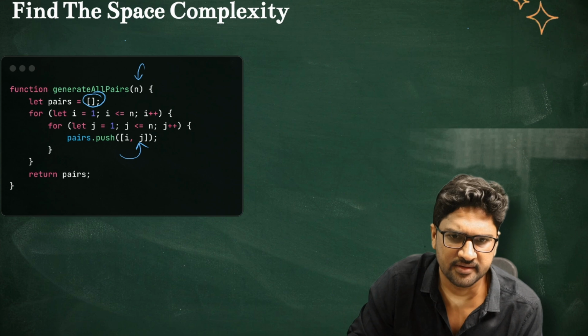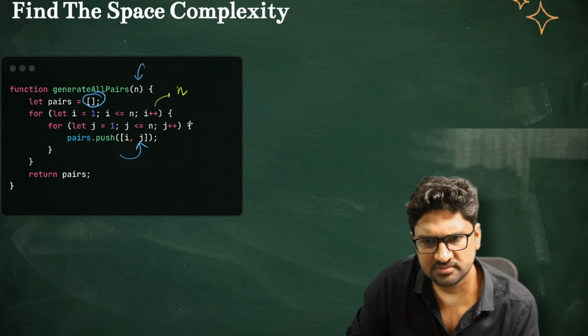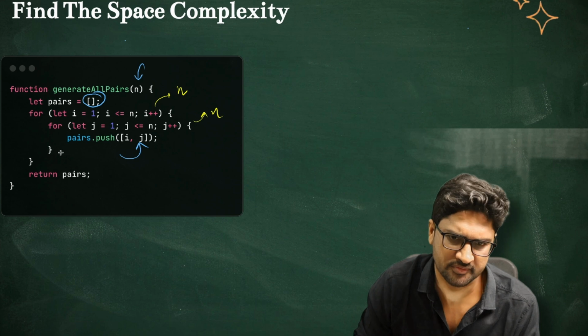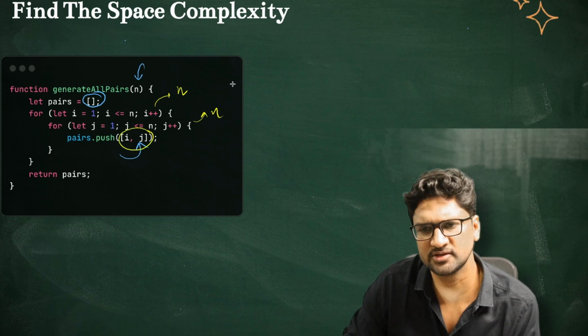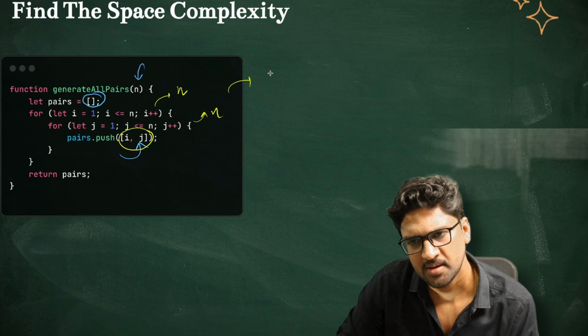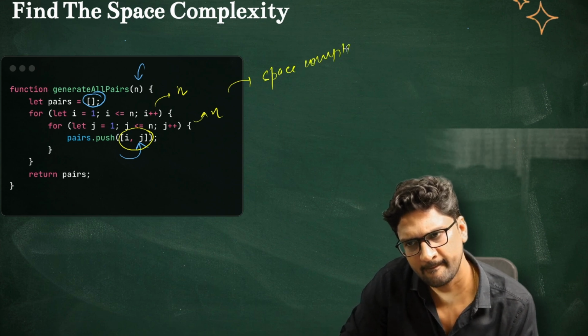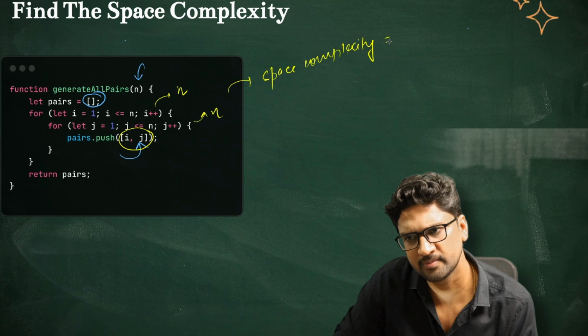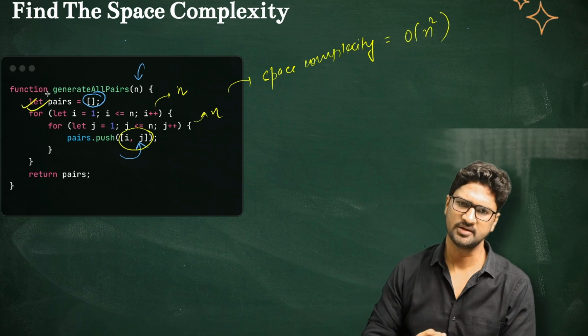Now if you see here, this will run for n times, and this will also run for n times, right? So this array will be added n times itself. So again here, because of this, my space complexity will be equal to order of n squared, because that's the extra space that will be needed.